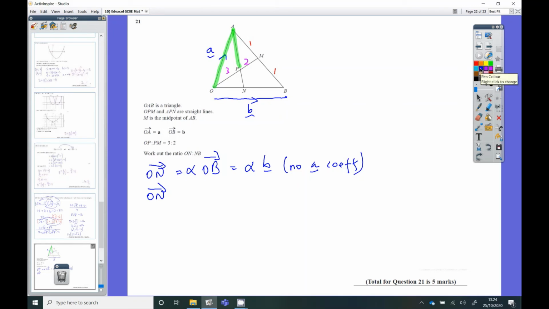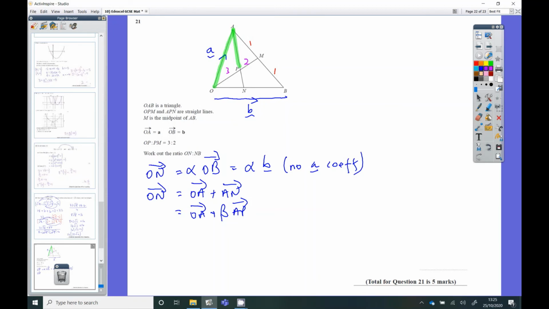O to N, we're going to go about it by going from O to A, and then from A to N, but we're going to say that A to N is some unknown multiple of the vector A to P. Okay, so we're going from O to N via A.